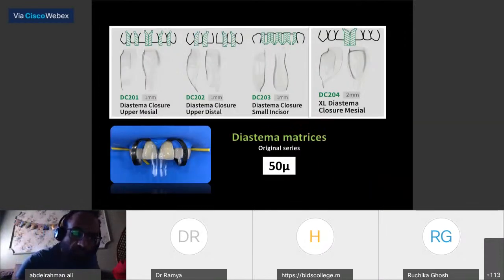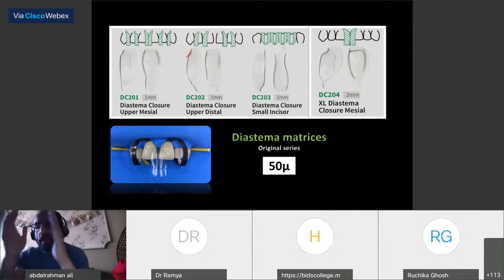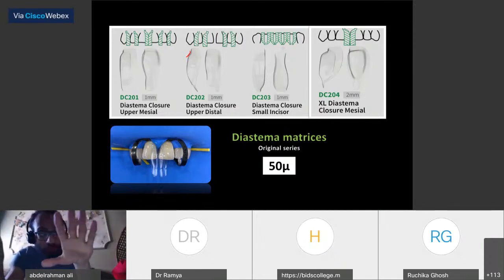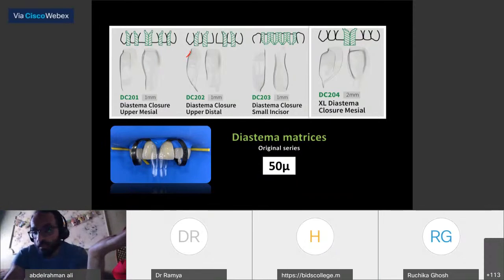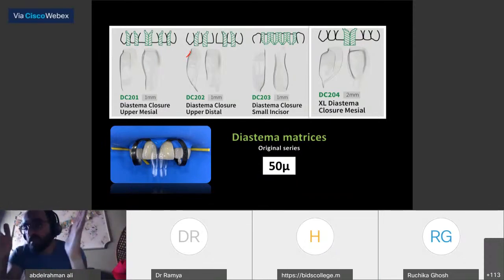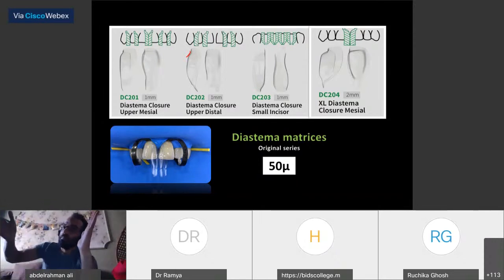And this is the 202. So if you have a wider space caused by caries or by just malposition of the teeth, you will go for the matrix with more emergence profile. If you have a narrow space, you will go for the matrix with less emergence profile. Just that.